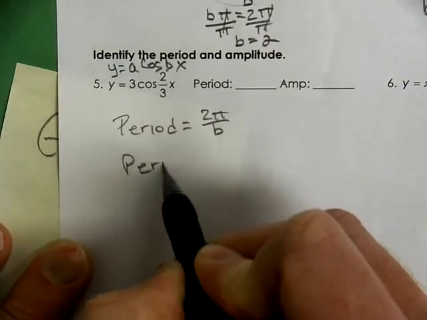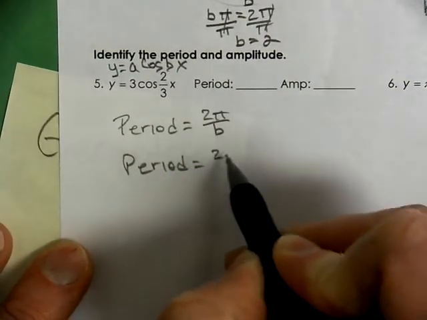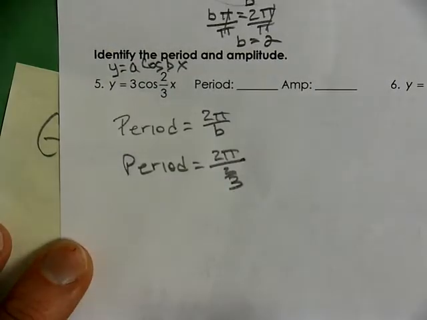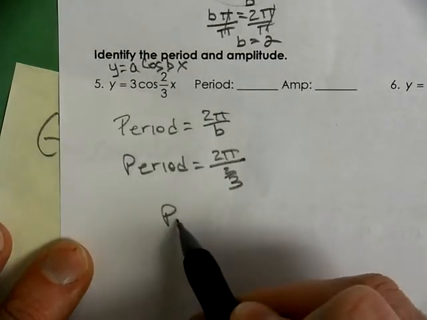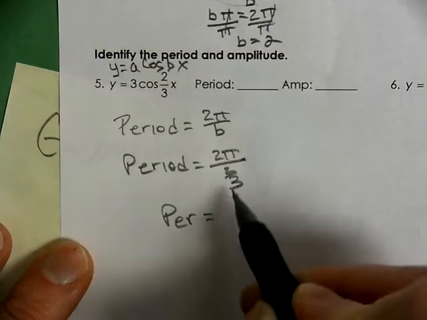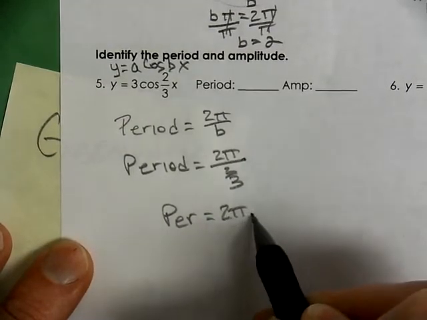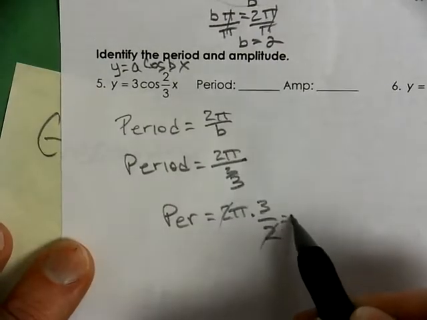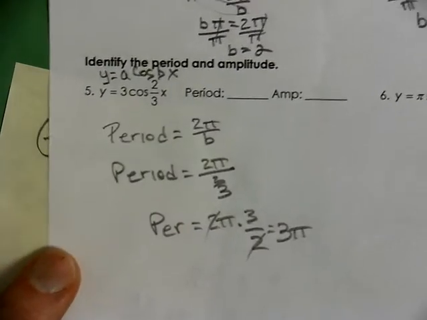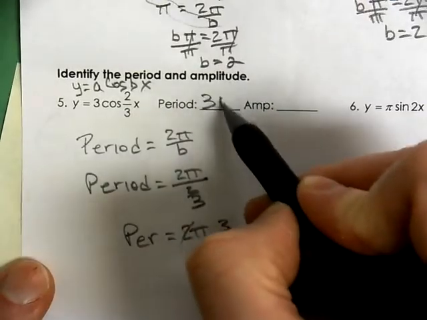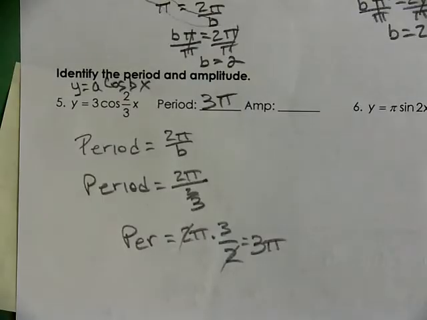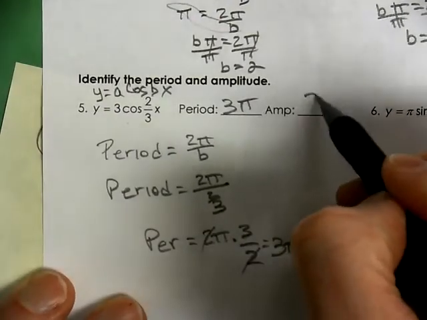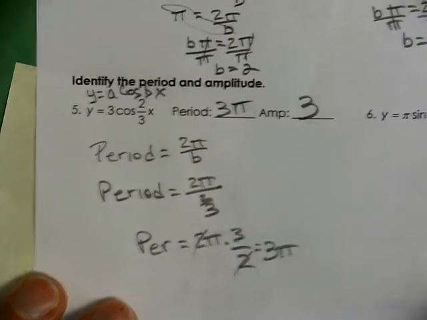So what is the period of 2 pi divided by 2/3? The period is going to be 2 pi times 3/2, which is known as 3 pi. The amplitude, the height, the a value is 3, so it's clearly 3.